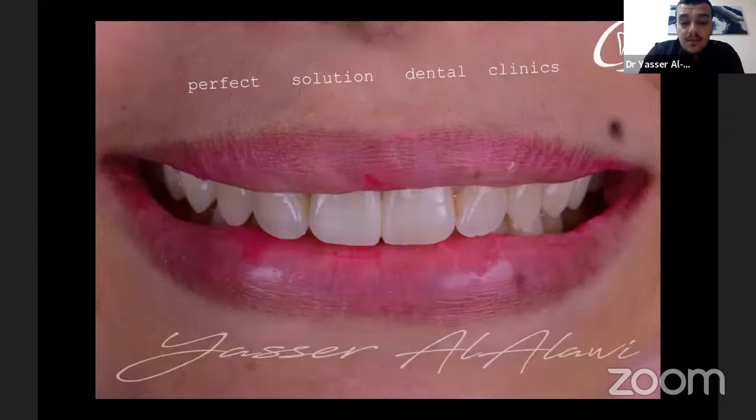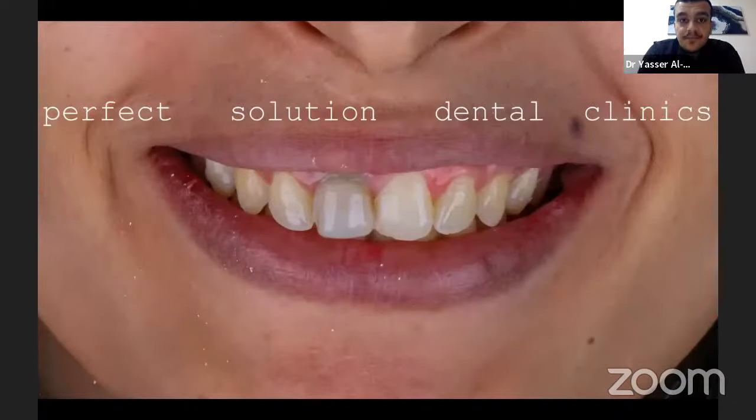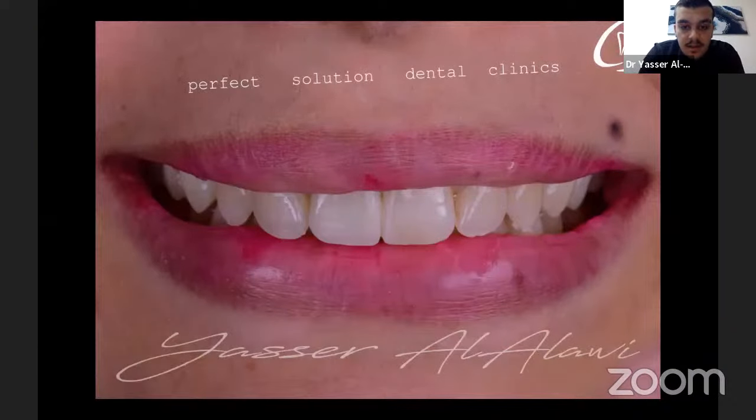On the left central incisor, I make a small composite filling to restore the shape of the tooth, and on the right central incisor, I remove the old porcelain crown, the full jacket, and do endo treatment for the tooth, because there was a periapical lesion in the tooth, and put a fiber post to give it retention, because there is a little furrow, and make a new Emax crown.